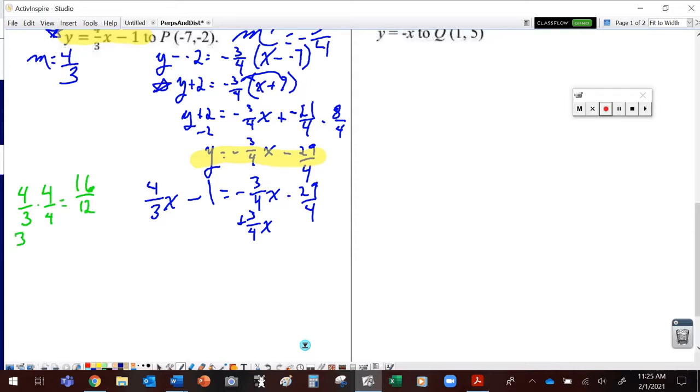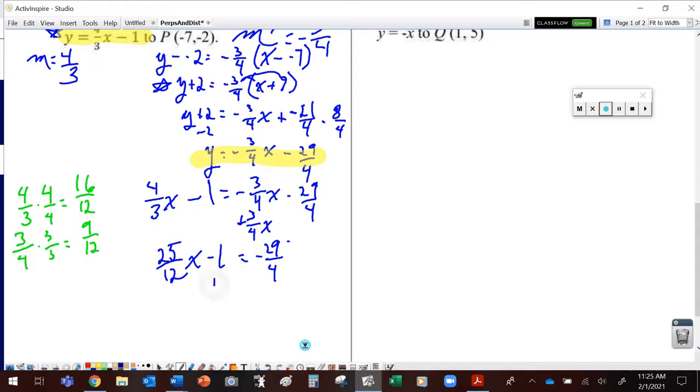And then 3/4, I'm going to multiply top and bottom by 3 and get 9/12. So 16/12 plus 9/12 is going to give me 25/12 x minus 1 equals negative 29/4.